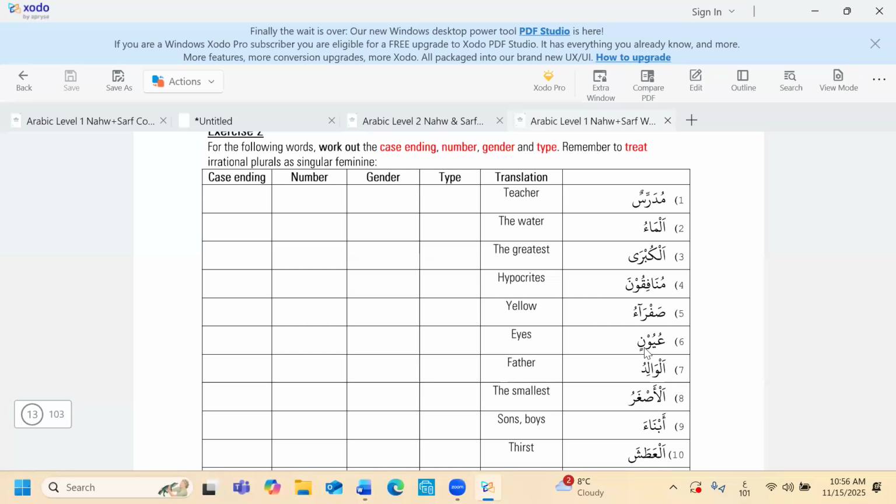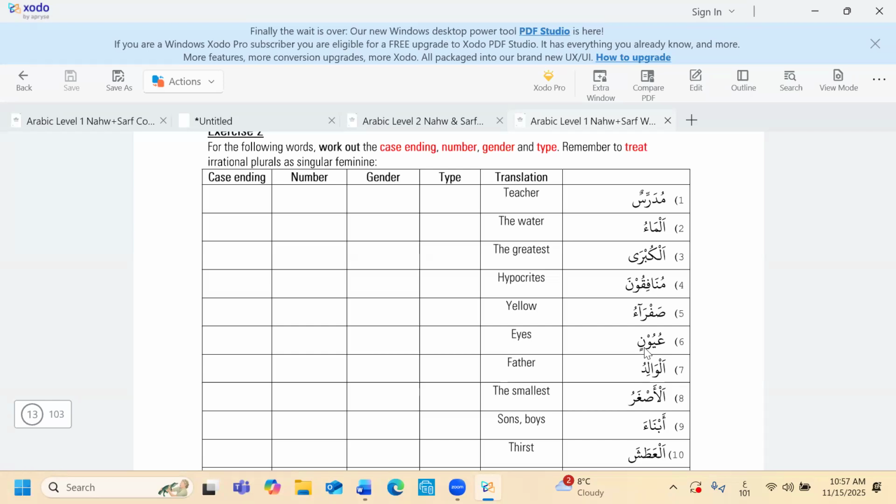Now, the number, what would you say the number is? So it's plural, but it's treated as singular feminine. So that's your number and that's your gender. It's jar, singular, feminine, and is it definite or indefinite? Indefinite.